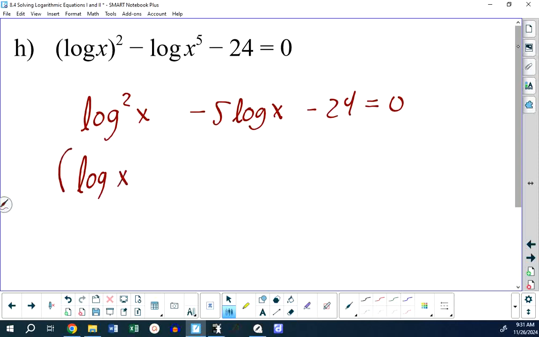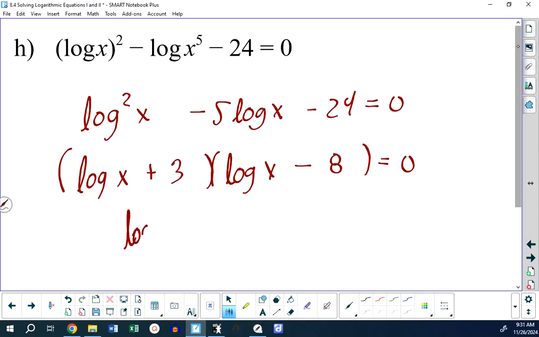Log of x, log of x. Two numbers that multiply to give negative 24 and add to give negative 5 would be negative 8 and 3. This means log of x plus 3 equals 0.